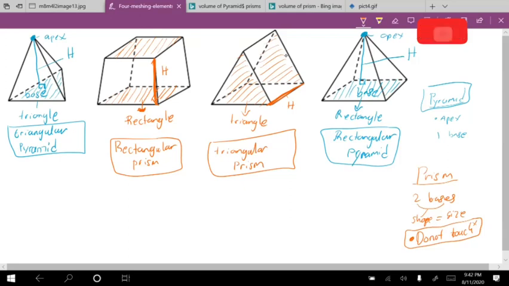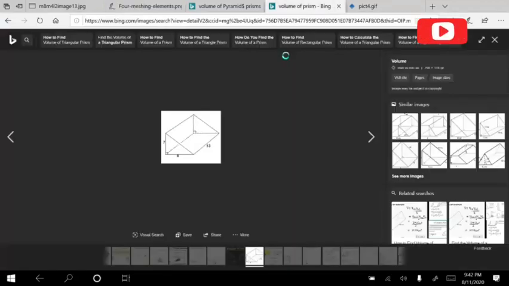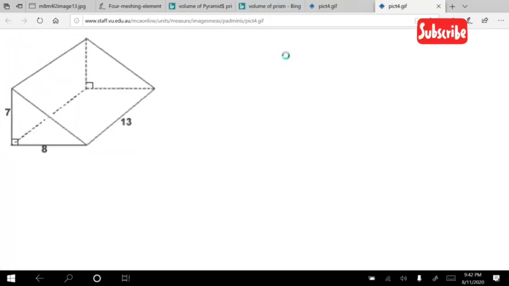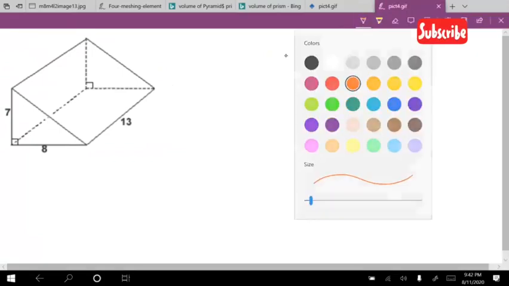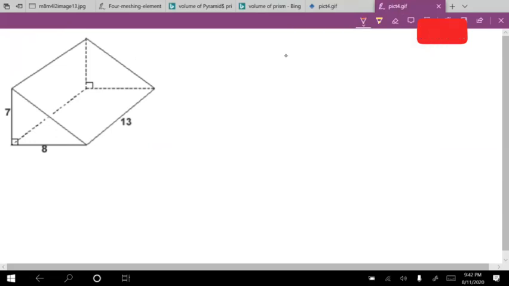So let's try some working examples. Looking at this figure, is it a prism or a pyramid? Okay. Remember, a prism has two bases. A pyramid will have an apex.